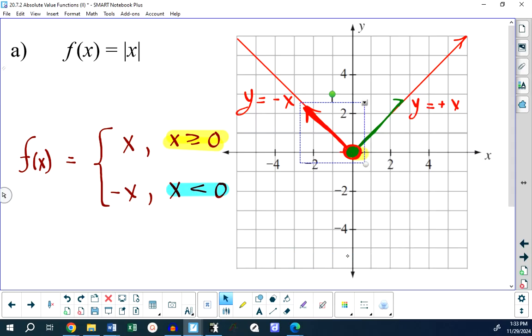What Sukman is asking is, for the part of the graph that's on the left, where y is negative x, does it reach the origin? And the answer is no. What we have is this part and this part.